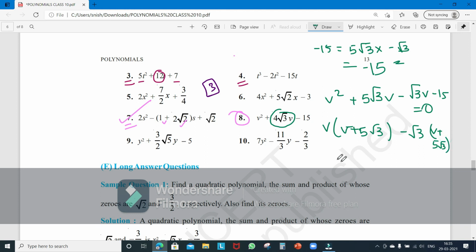Okay, so v minus root 3 into v plus 5 root 3 equals 0. v can be root 3 comma negative 5 root 3. Done. Again same work, find the relation as quick as possible.